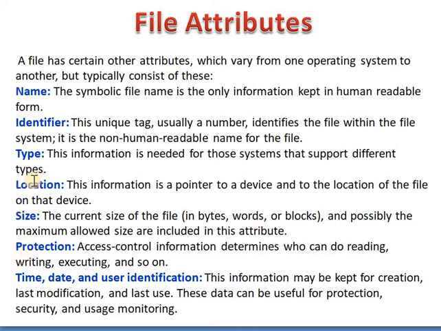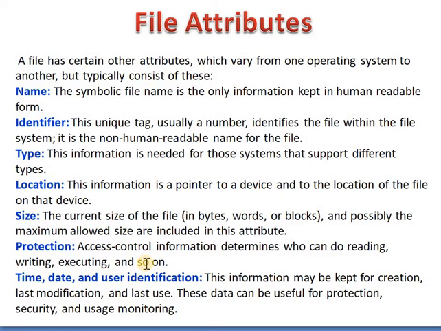The next one is the protection. The protection attribute defines the access control information, which determines who can do reading, who can do writing, who can do executing, and so on. That means the protection attribute defines the access rights of a particular user, that is, which user can access what file.